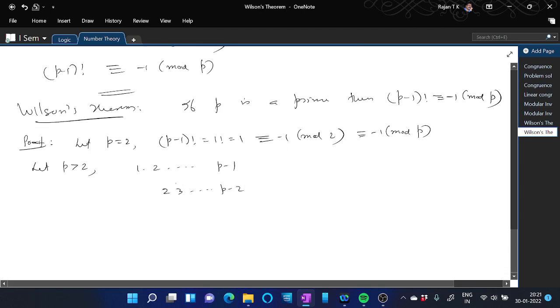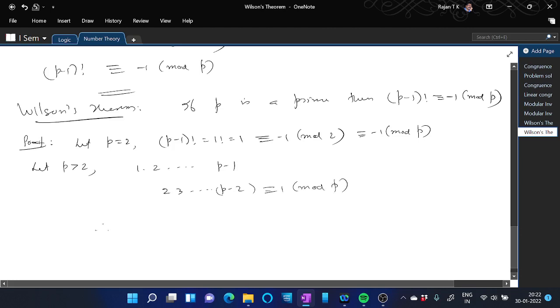So among these factors of p minus 1 factorial, in some order, each pair is with the property that one number is the inverse of the other. And therefore 2 into 3 into up to p minus 2 is clearly congruent to 1 mod p.